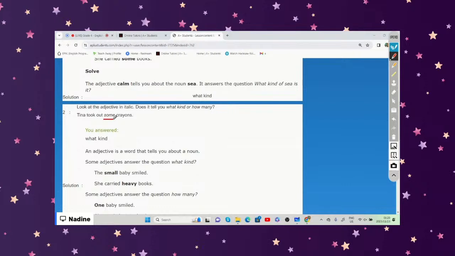If we look at the word some, remember with some, it's asking how many. You don't have to say one, two, three, four, 10, 20, 100. You can say some, you can say little, you can say few. Those are words that you can use to describe the noun. So it says how many.